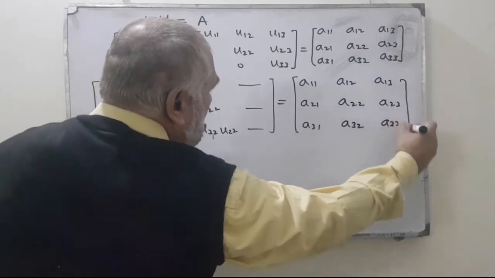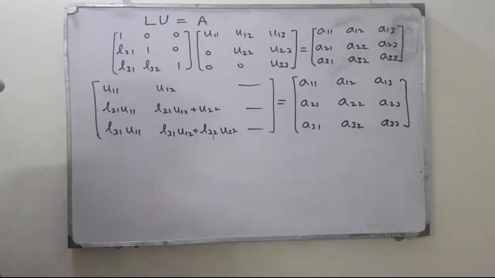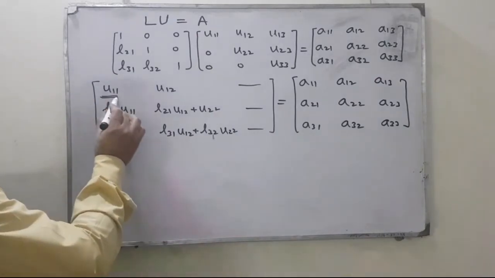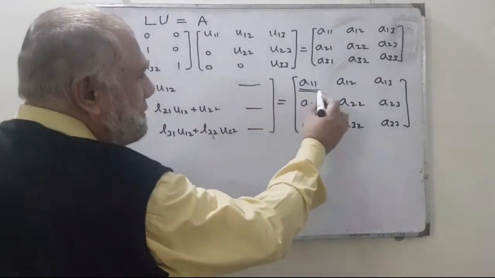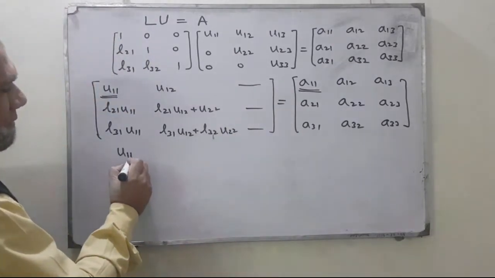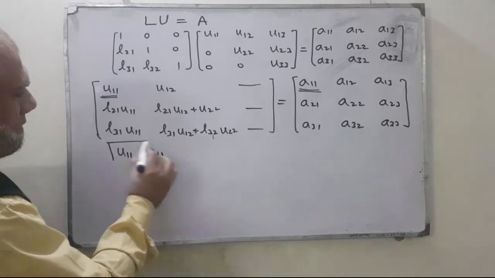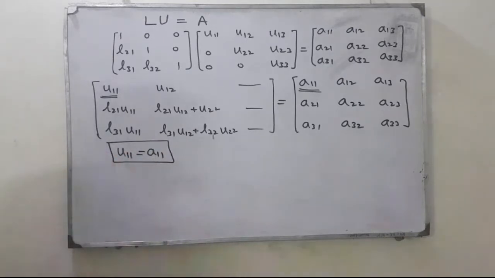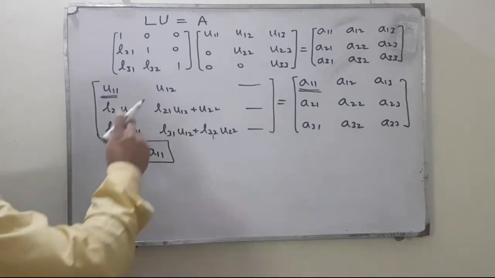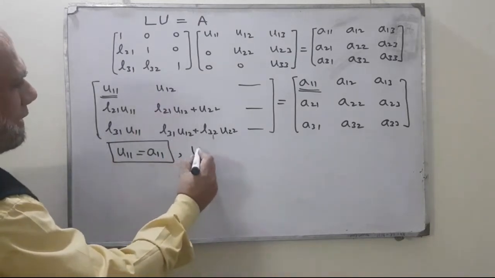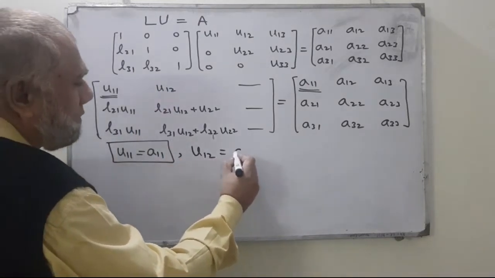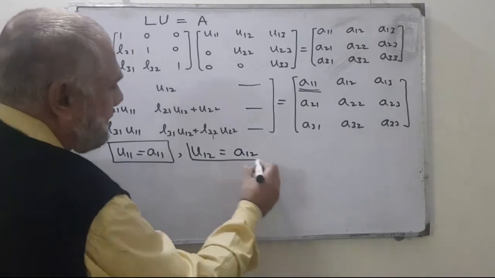Now if you make the comparison of these two, the first element on this side should be equal to the first element on this side. So we can get the first unknown, U11 equals A11. And similarly, the second gives you U12 is equal to A12.